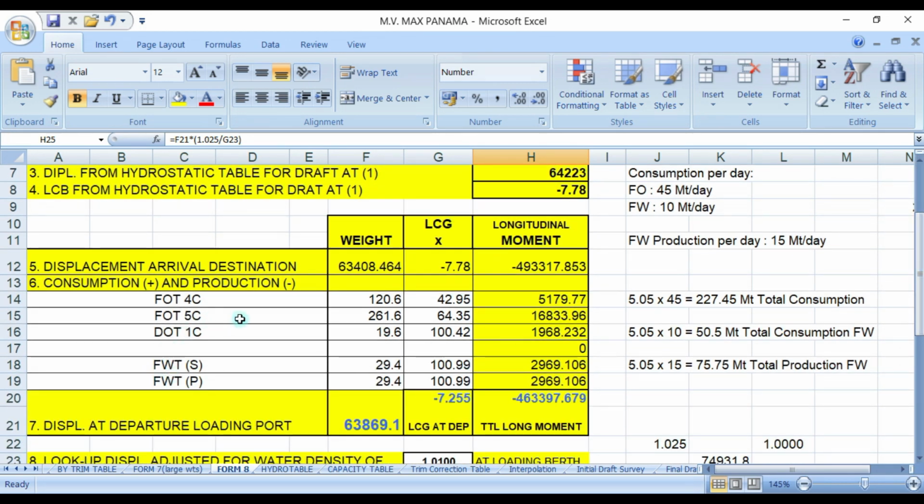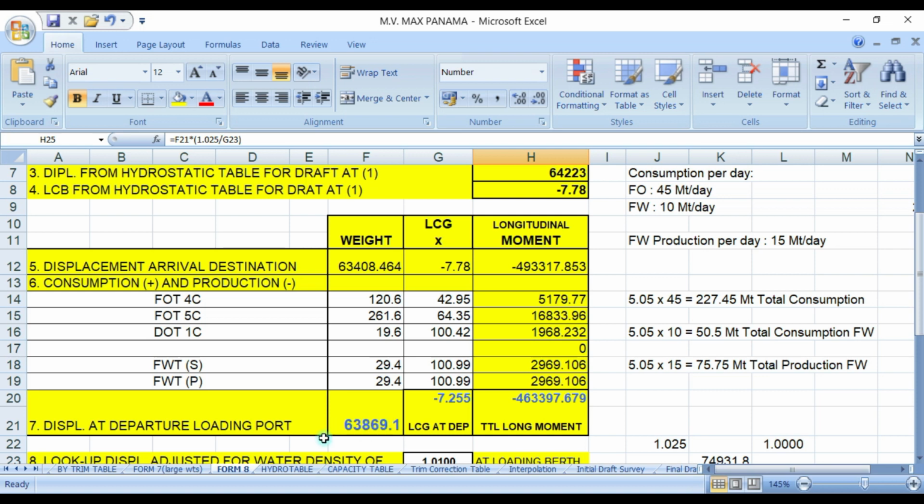Then you put all your weights here or consumption, which is this one for fuel oil 4 and 5, and your diesel oil and your fresh water here. This will be your displacement at departure to upload port.